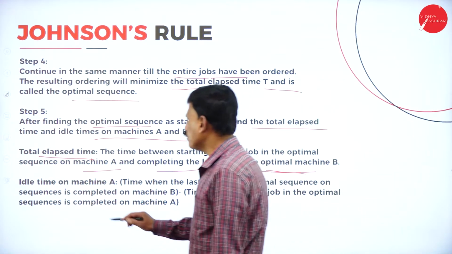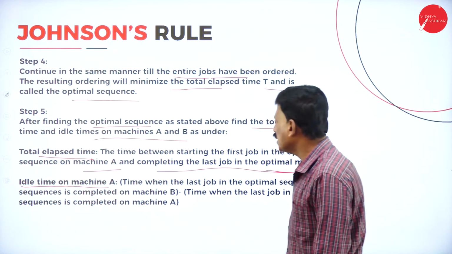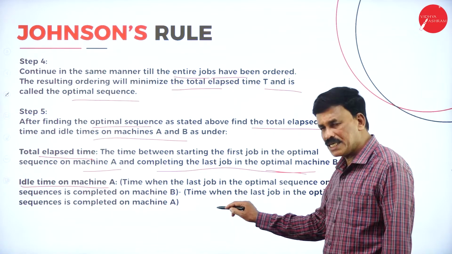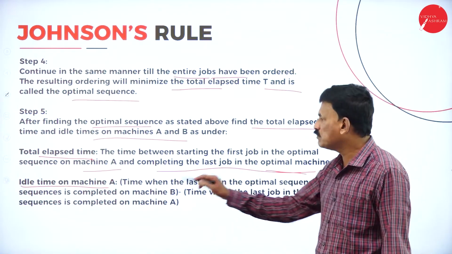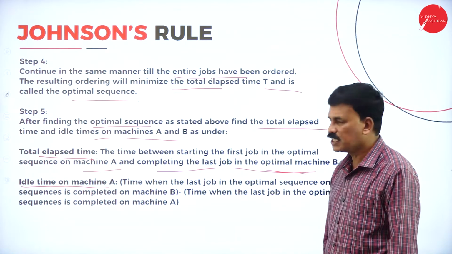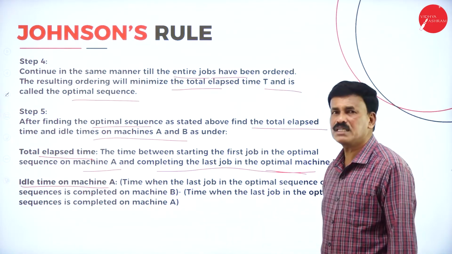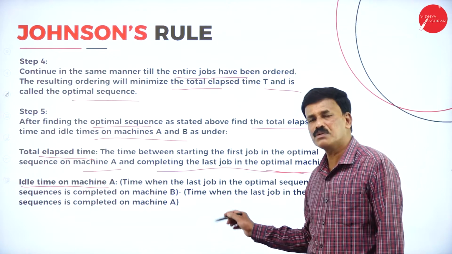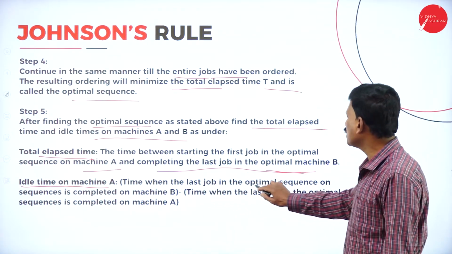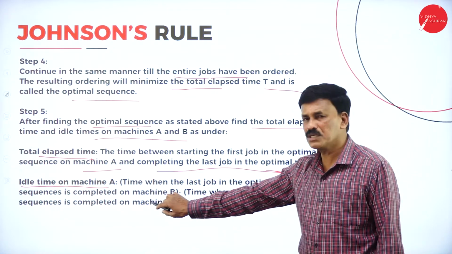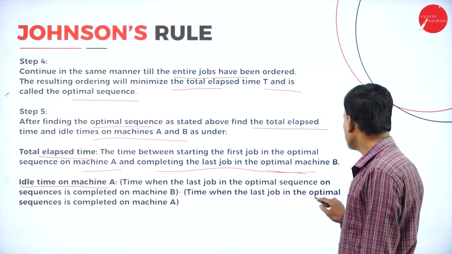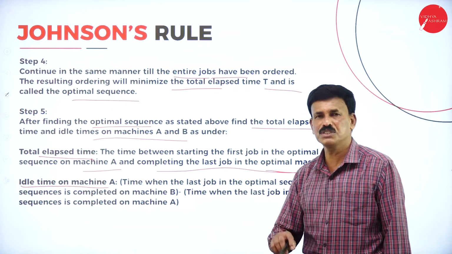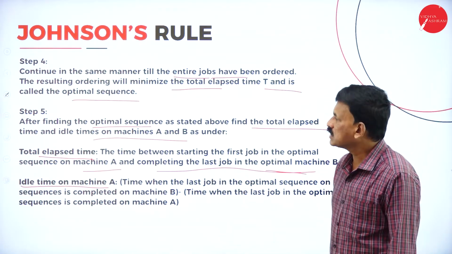Now, idle time on the machine. What is the meaning of idle time on machine A? It is the time when the last job in the optimal sequence is completed on machine B minus the time when the last job in the optimal sequence is completed on machine A. The difference between the time on machine B and machine A gives the idle time on the machine.